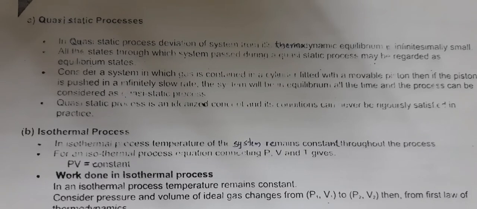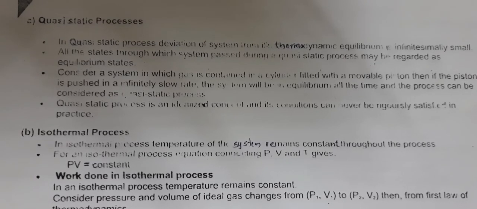One is the quasi-static process. Quasi means partially, not completely, almost in the sense. Like an almost static process. Static means stationary, and here stationary means there is not much change in the state of the system.